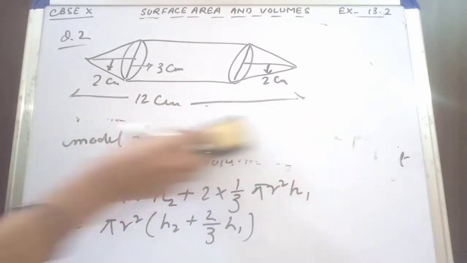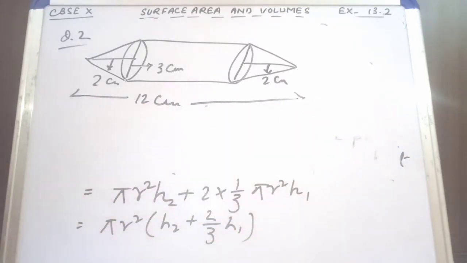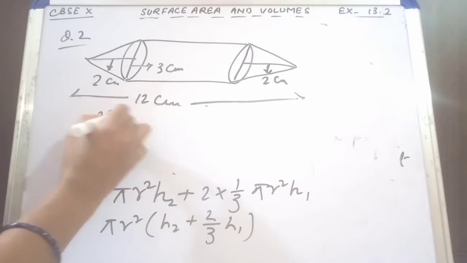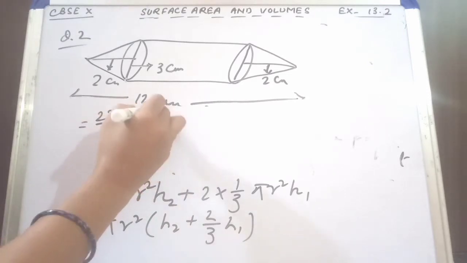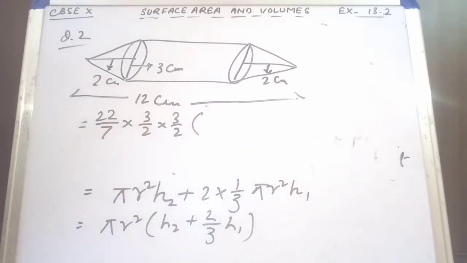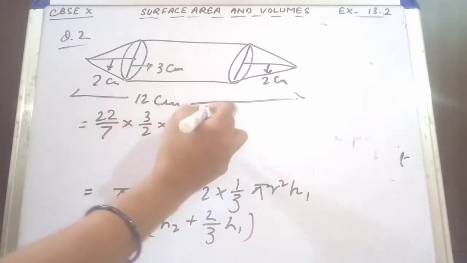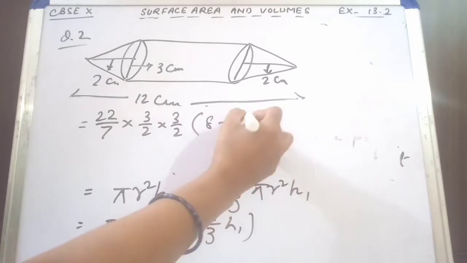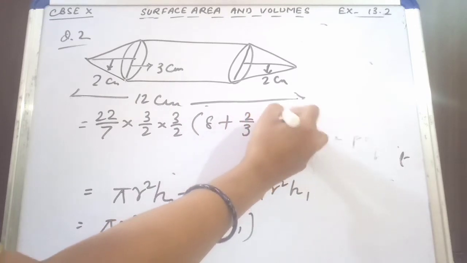Now put the values. Pi means 22 upon 7, r means 3 by 2 into 3 by 2, h2 means 8 plus 2 by 3 into 2.